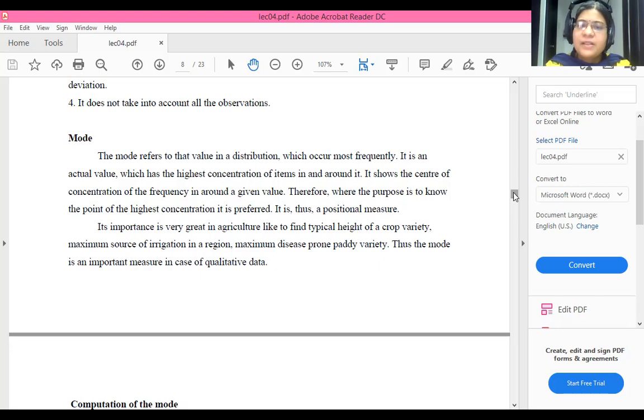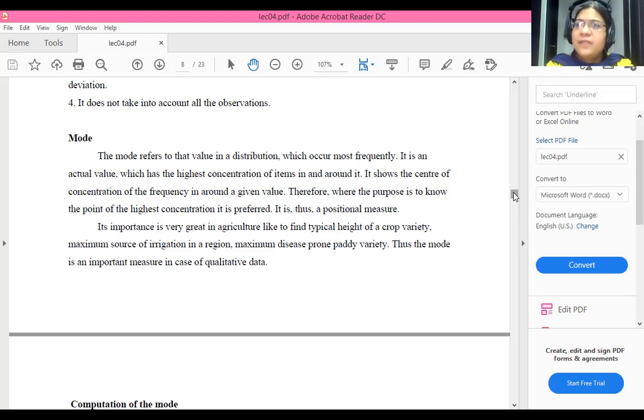Or suppose I have to find a famous actor. I will ask people and make a frequency tally mark, writing the names in the variable, suppose actors A, B, C, D. I ask which is your favorite actor.